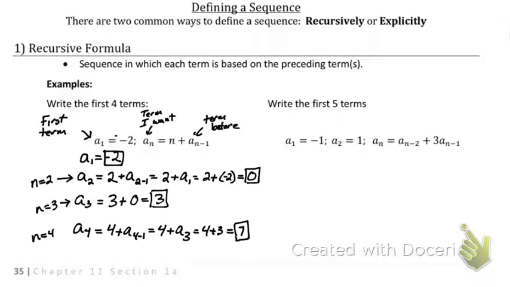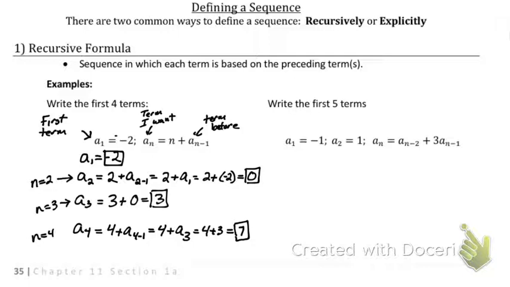Wait, so for the third term you put a sub 3 equals 3 plus 0. Did you get the 0? I got the 0, so I did it the shorter way. The longer way is to replace, so in this case I took 2 and replaced all my n's with 2. So I had 2 plus a sub 2 minus 1. I did that math, I turned on the term before, and I did this. For a sub 3, I shortcutted.